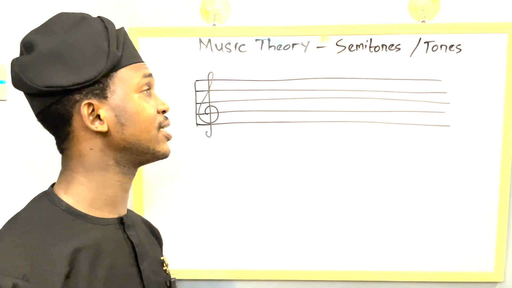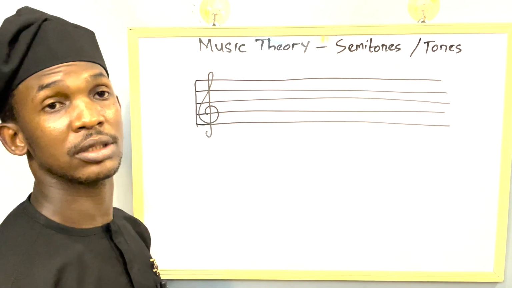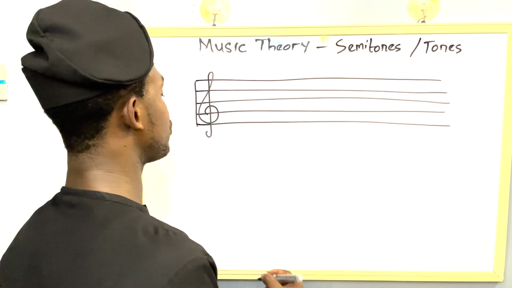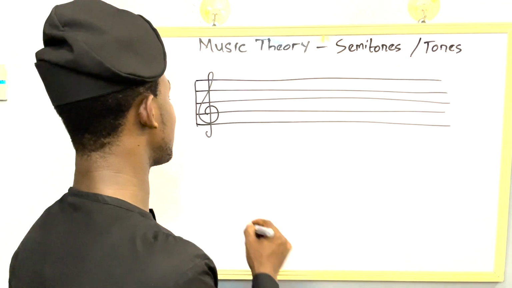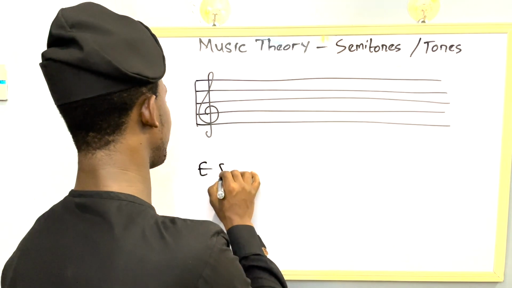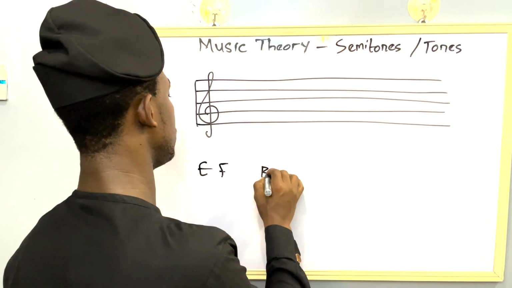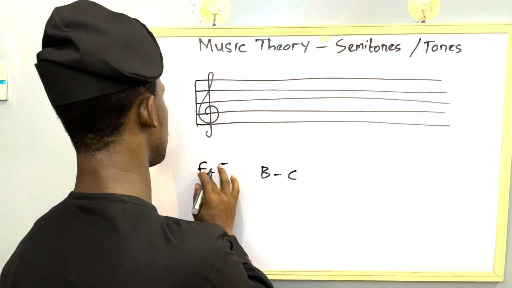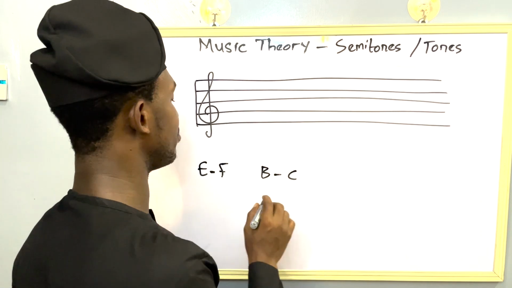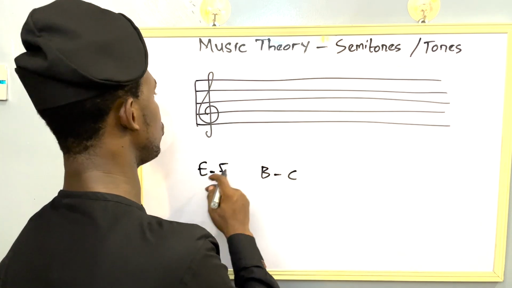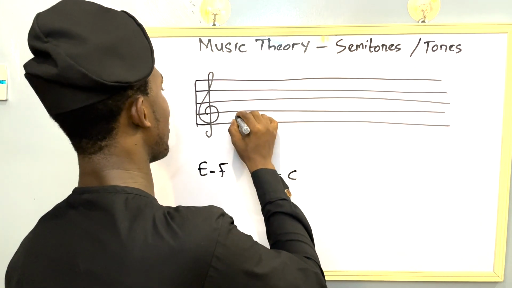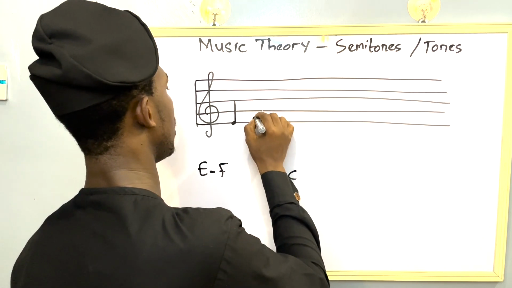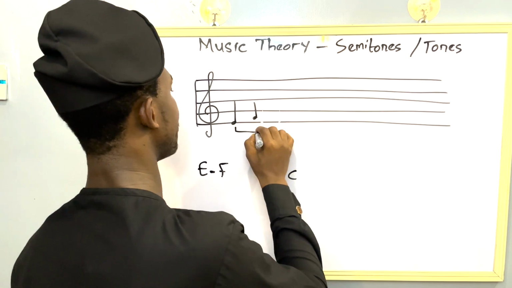So how do we represent semitones on the staff? Like I said, we have two natural semitones, which are E to F, B to C. E to F, B to C, or C to B, F to E. So if you have any note that moves from here to here, we know that it is a semitone.